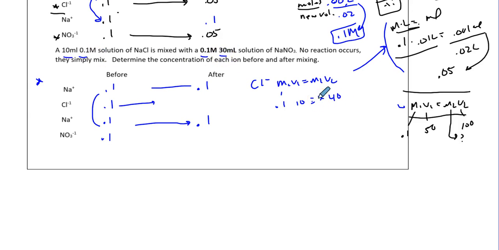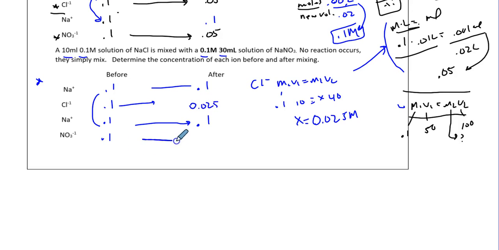Alright, and then 0.1 times 10 divided by 40 equals 0.025. So X equals 0.025 moles per liter. So that one got diluted down quite a bit because we had an extra 30 milliliters added to it.